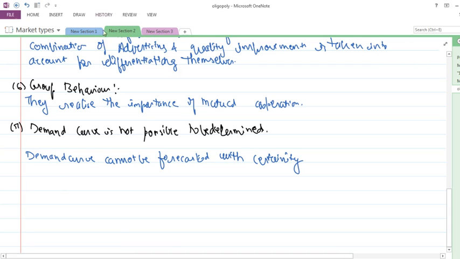Then we have the next feature, that is the conflicting attitude of firms.